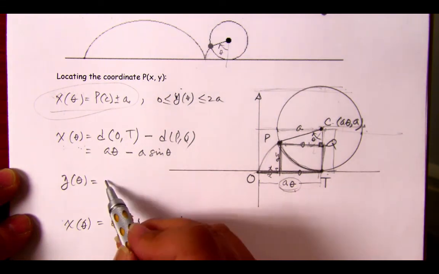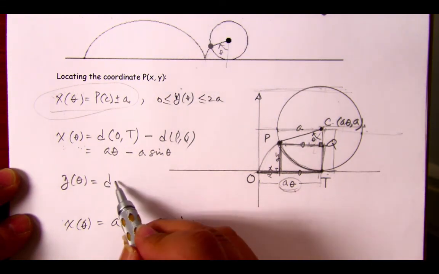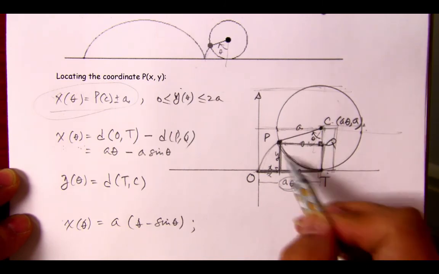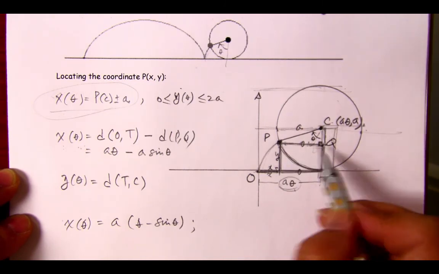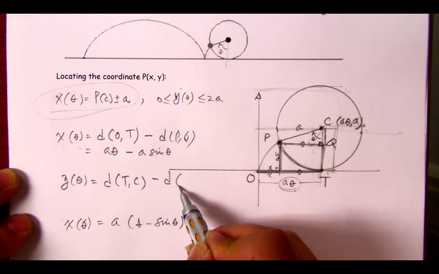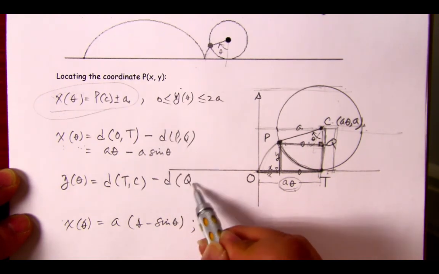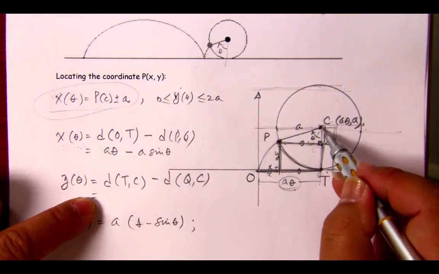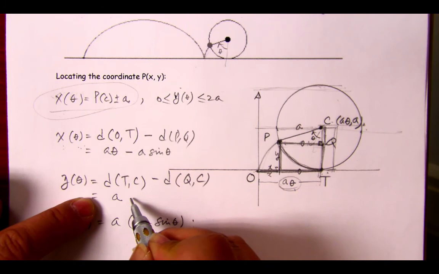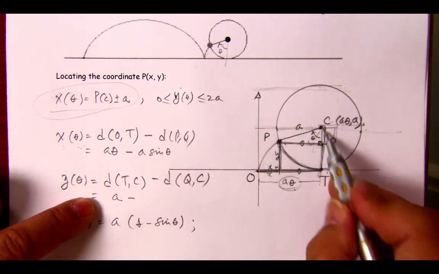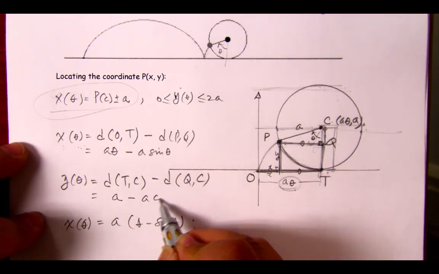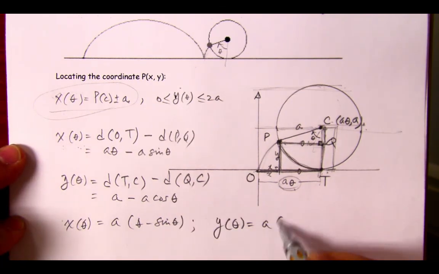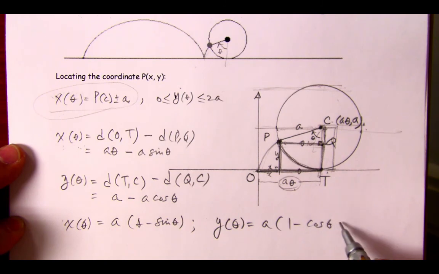So that would be the distance between T and C, these two points, and then you subtract away the distance between C, Q. So the distance for these two is exactly a, minus the distance between these two, which is a cosine theta. So y of theta is nothing more than a times 1 minus cosine theta.